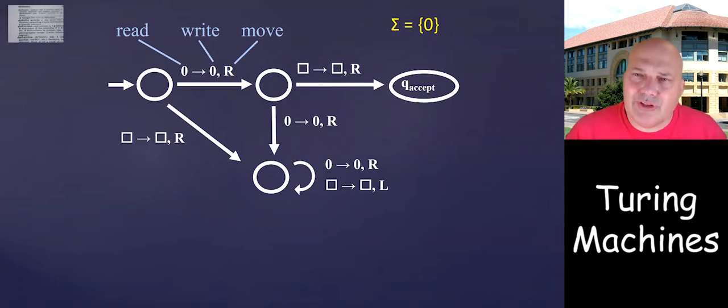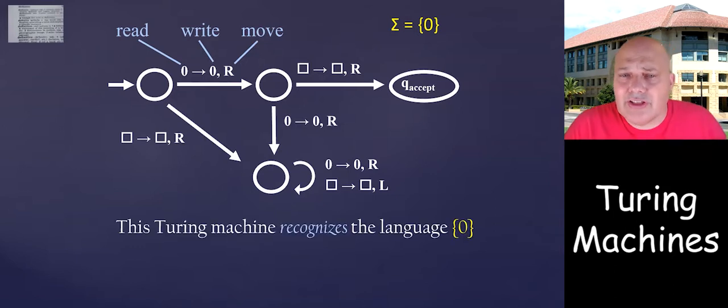So what's the language that is computed? In some sense, it's the same language, because the only string that would reach accept is a string with a single 0. This is the only path for acceptance. But on the other hand, there are strings that cause you not to accept nor to reject. We will say that such a Turing machine recognizes the language that contains a single zero. So it doesn't decide.